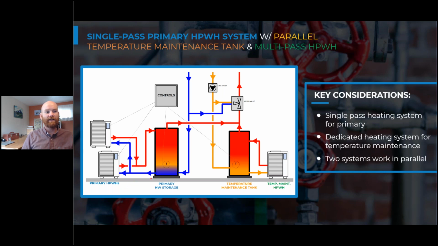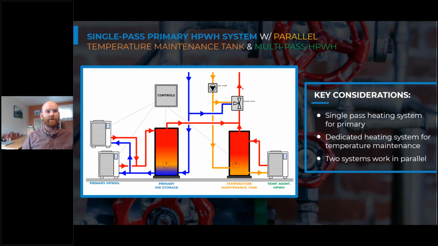Then we have a primary storage tank that's coupled right to that. So as cold water comes in, that cold water hits that temperature sensor, which turns the heat pumps on. The heat pumps start drawing in that cool water and putting hot water towards the top of that storage tank.